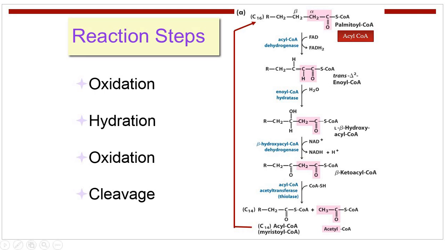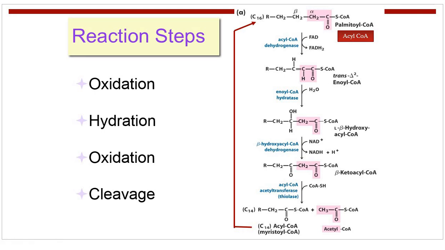This results in trans-enoyl coenzyme A. Because hydrogen is removed from the alpha and beta positions, a double bond is introduced between the alpha and beta carbon.